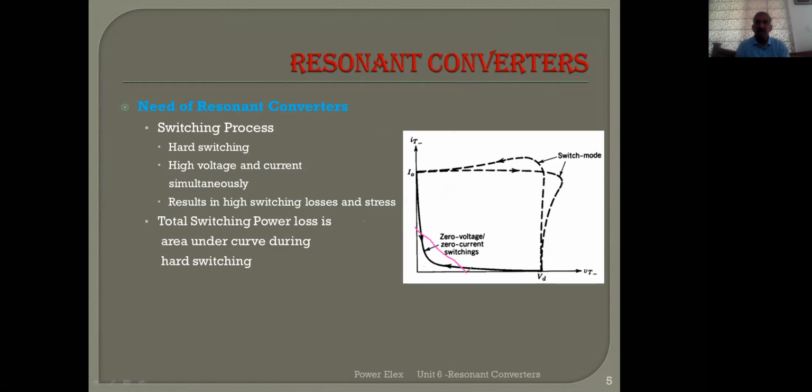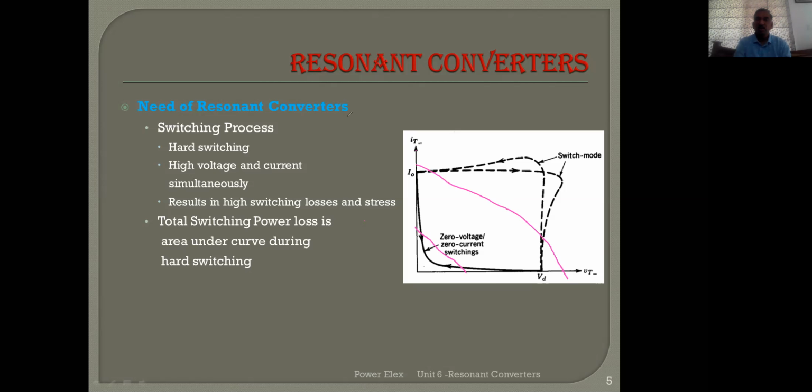If you compare this area under the curve with, let us say, this area under the curve, then the total switching loss during resonance switching is at the max 20%, means 80% of switching losses are saved.